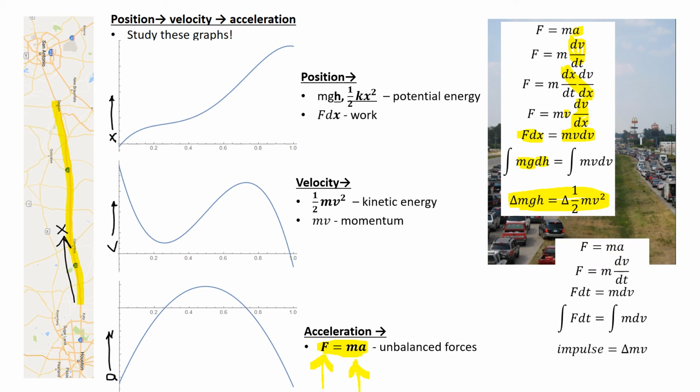Or let's say we didn't use the chain rule, so we just keep acceleration as dv dt, and we pull that time over to the left hand side. Force through a short time, that's called impulse, and then m dv, that's momentum. So we'll do some impulse and momentum when we look at collisions.